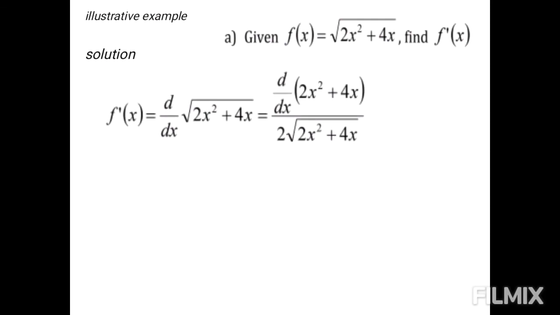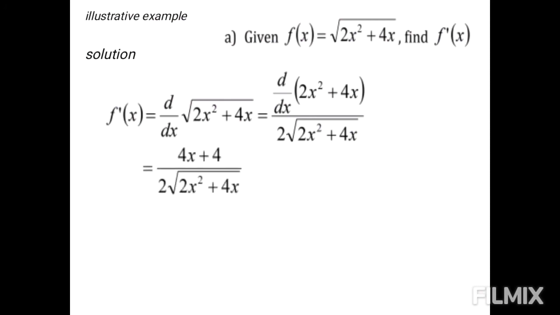That's why we have d over dx of the quantity 2x squared plus 4x, because we need first to get the derivative for us to have the numerator, and then twice, or multiplied by 2, the given radical. So we have 2 times the square root of 2x squared plus 4x.